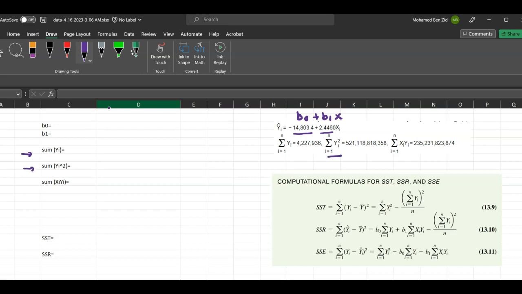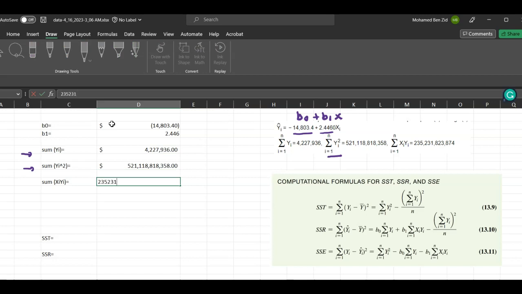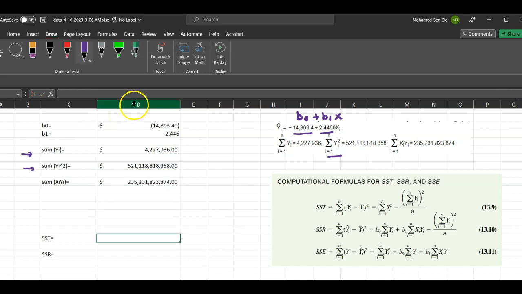So I'm just going to plug them in. After plugging in all the values, just double check please that they are all correct, and we can start plugging in the formula.